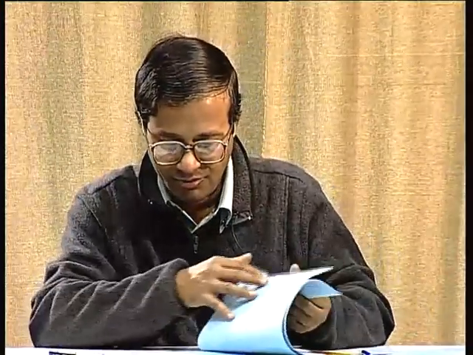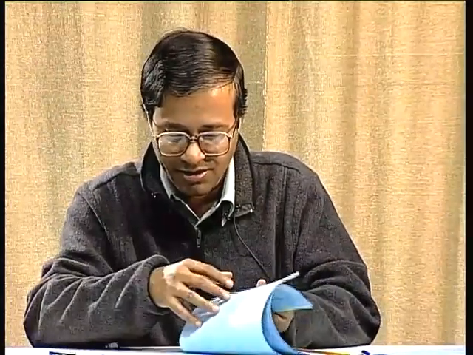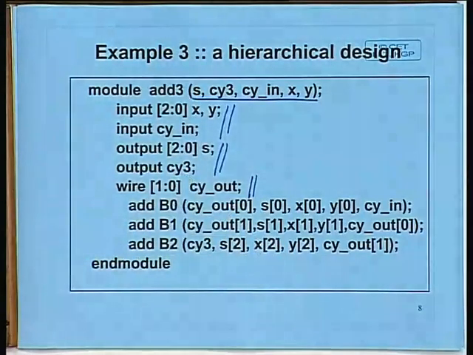So there also we don't specify, we just write input ABC. No. Let me show that example back. Actually we specify the size. I am showing you the example. So the size is specified, but the type, by default it is taken to be register. By default this is taken to be register variables.